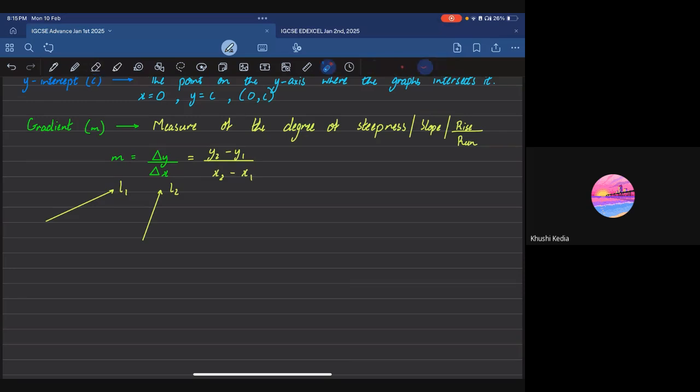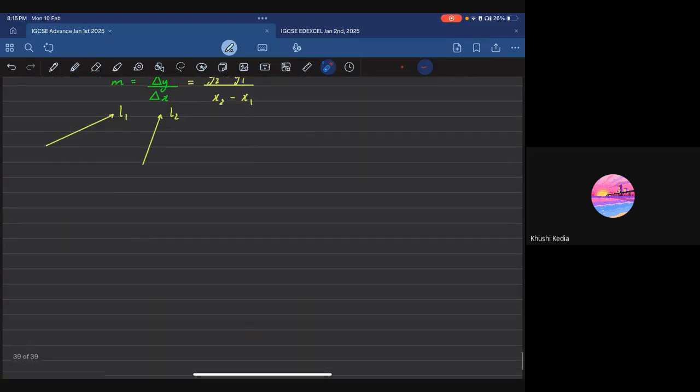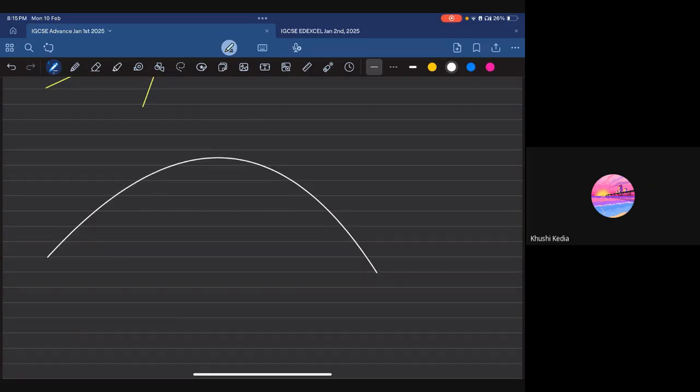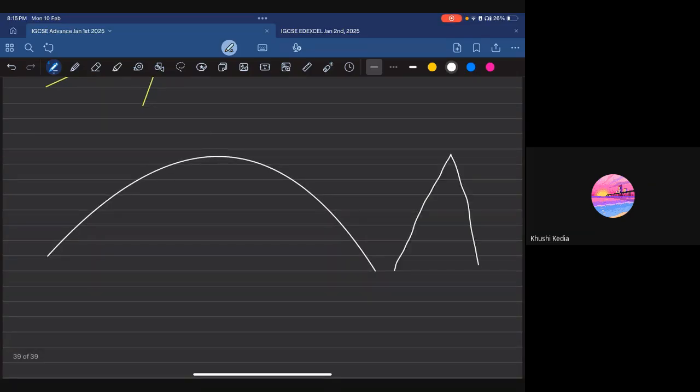Yes, well done, Kushi. Saad, why is line 1 going to have a lesser gradient? Because the gradient is the measure of the degree of steepness of a line. So the more steep a line is, the more slanted a line is. All right. The usual example that I give my students is, consider this and consider this.